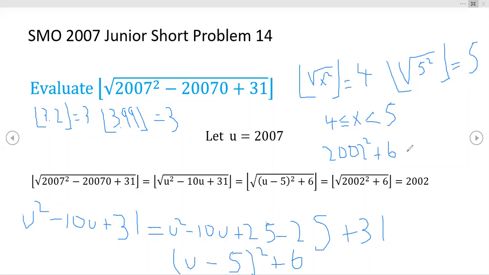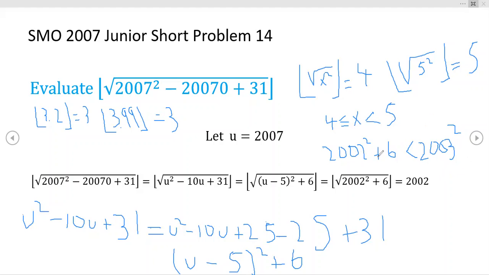This is obvious, but I just want to write it down. It's less than 2003 squared, which would be the next time the floor value would change. Again, folks, this is the same kind of logic we applied up here. 2002 squared plus 6 is clearly less than 2003 squared, and it would change floor values to 2003 at this value right here.